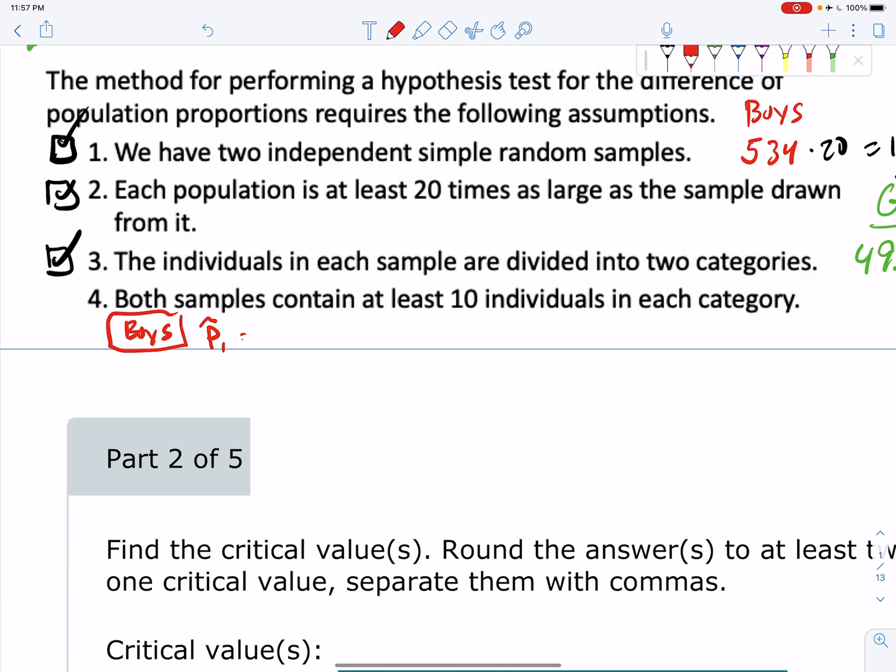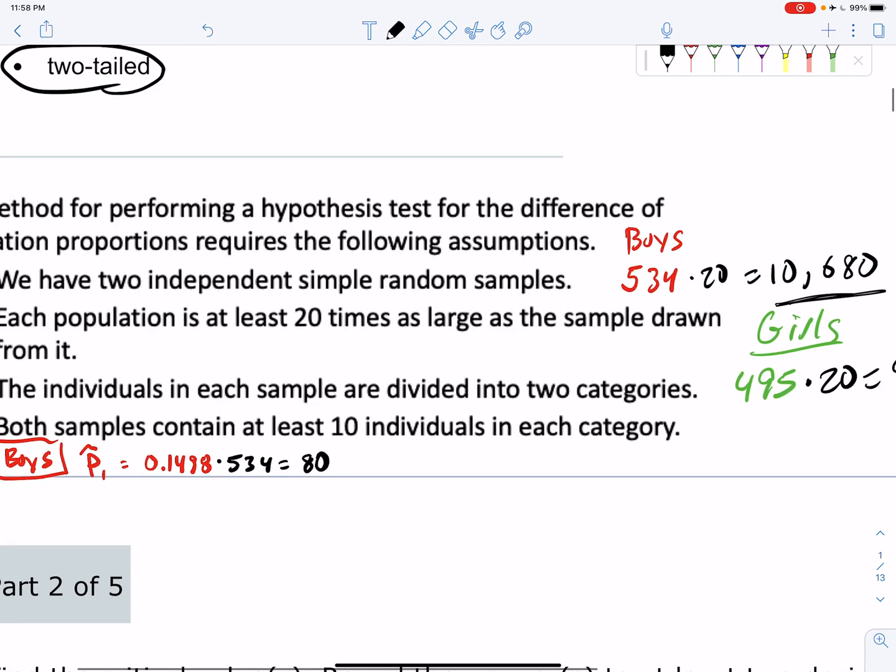The sample proportion happened to be about 14%, so 0.149, a little more than 14%. And what was that sample size of the boys? Well, that was 534. And when you multiply that, that tells us there's about 80 people in that category. That was the category of boys that were overweight. So there's about 80 of them that were overweight.